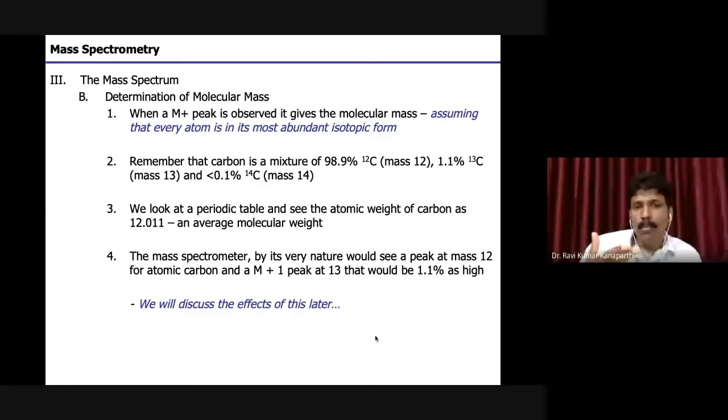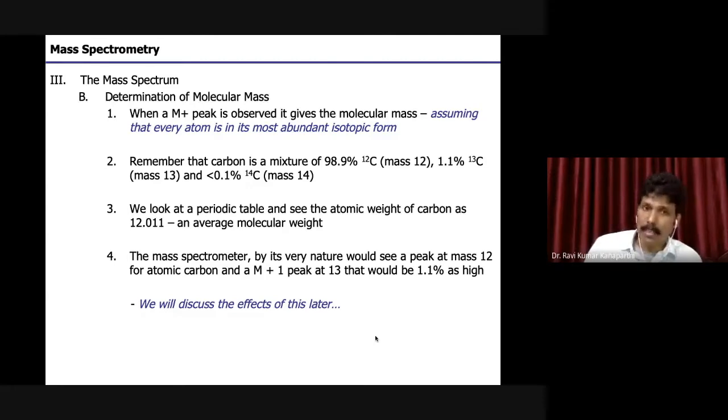Now before going to that part, we know the relative abundance concept, and I don't need to explain it further. If you take carbon as an example, out of 100 atoms, almost 99 are carbon 12, and the remaining one carbon atom has an atomic mass of 13.